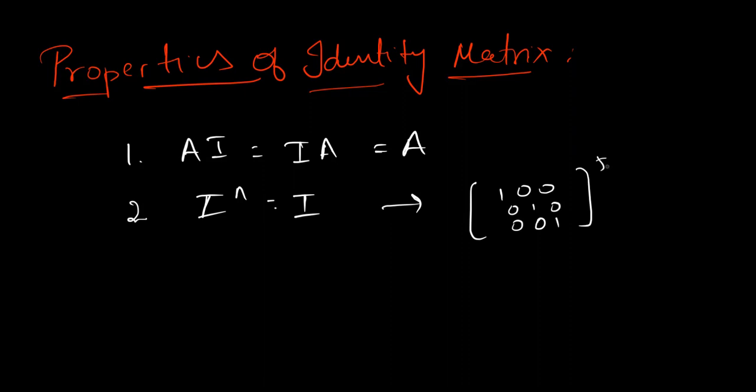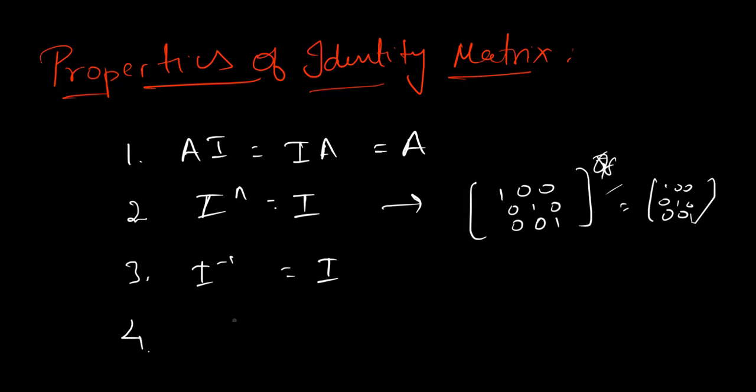Going ahead, the next one is I inverse is going to be I. And the fourth one is the modulus of I is going to be 1, that is, determinant of I equals 1. So these are the identity properties.